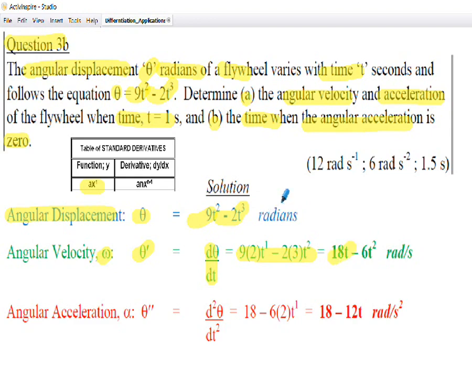That gives me 18t minus 6t squared in radians per second for the angular velocity, and then if I differentiate again to get my second derivative, my alpha term for angular acceleration, the d2 theta by dt squared, again looking at the standard differential, that gives me an angular acceleration equation of 18 minus 12t in radians per second squared.